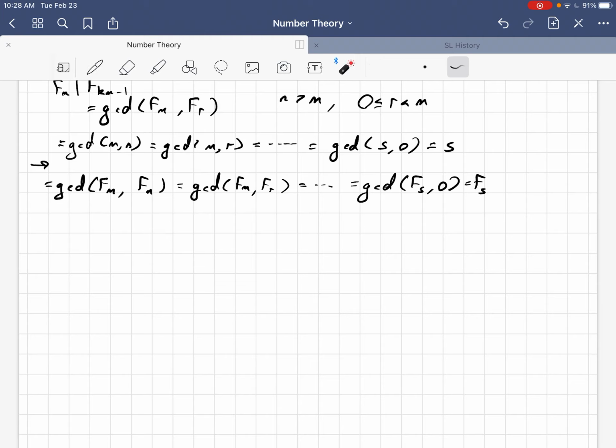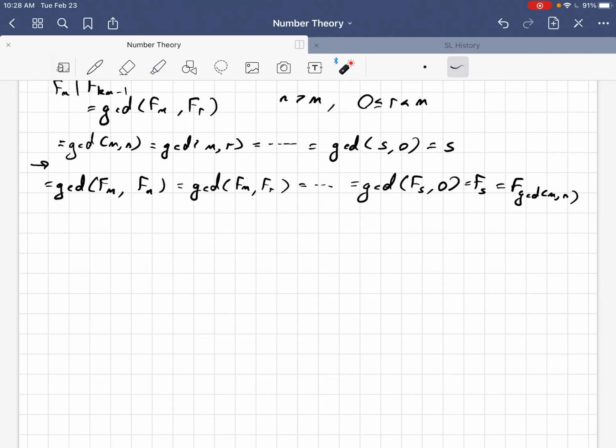But what is s? s is the GCD of m comma n. So that's equal to f sub the GCD of m comma n. And with that, we have shown that the GCD of f sub m comma f sub n is f sub the GCD of m comma n.